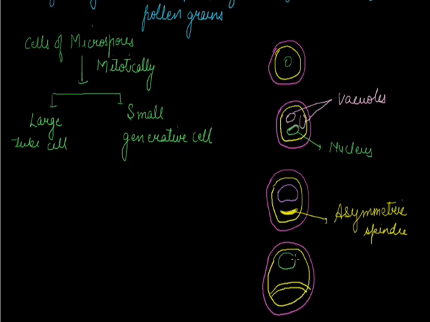This is vacuole, and this is known as vegetative cell, and this is known as generative cell.